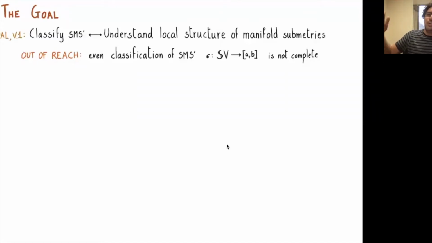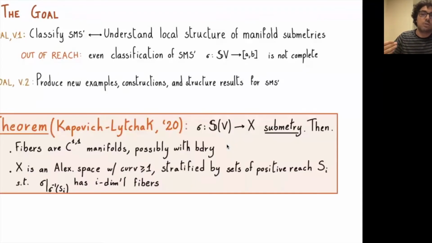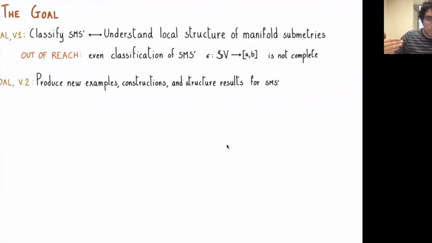So of course, we cannot expect to just go there and classify the completely general case by replacing the interval with any Hausdorff metric space that you can have there. So we get to the second best thing, that is to produce examples and get as much as possible.